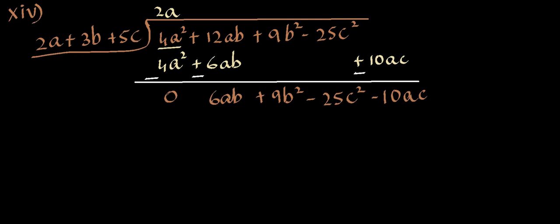Let me see, what do I do with it? We have 2a. 2 will be multiplied with 3. I get 6. And a multiplied by b, I will get ab.